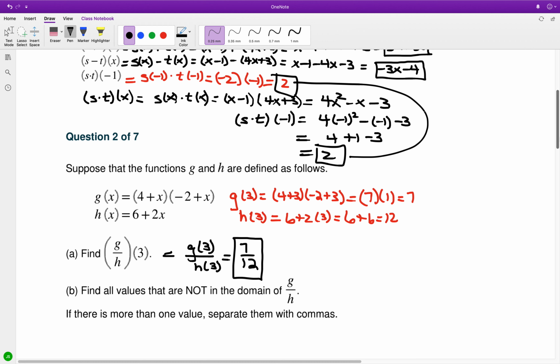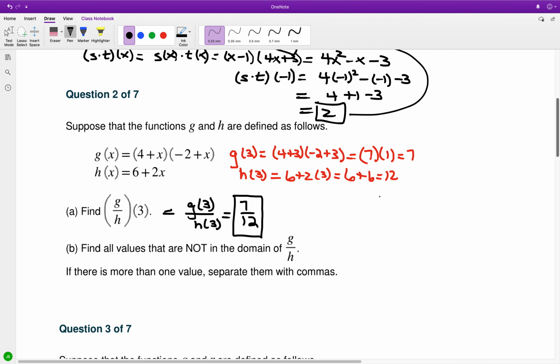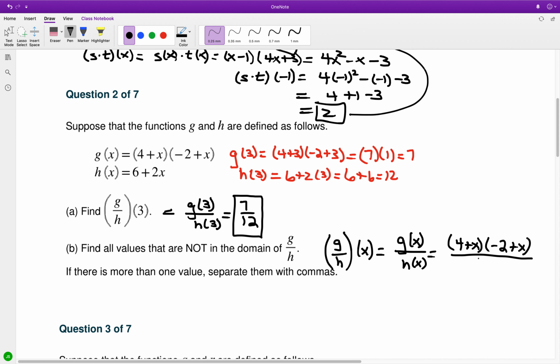All right. And concerning the values not in the domain of g over h, we look at g over h of x, so g of x over h of x. Again, g of x is 4 plus x quantity times the quantity of negative 2 plus x, all over h of x, which is 6 plus 2x.